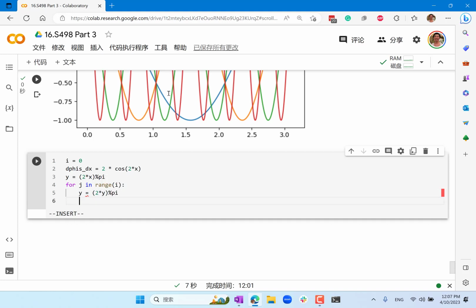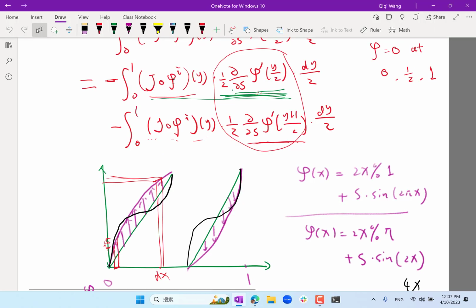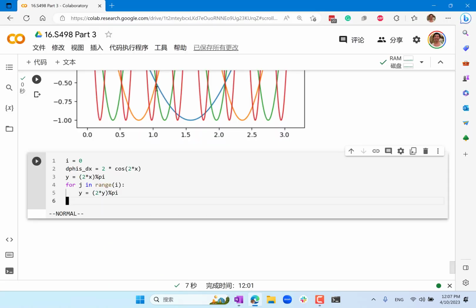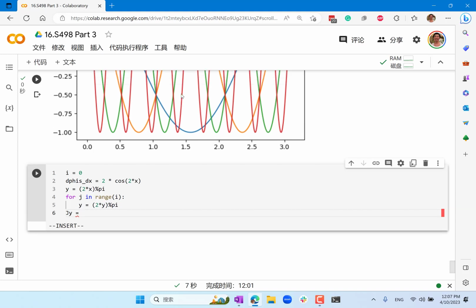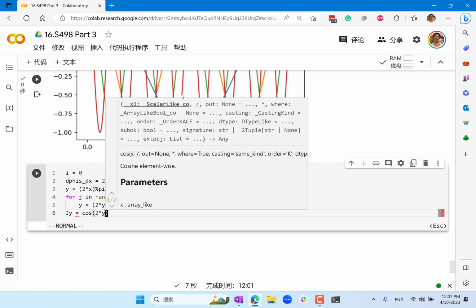So that's basically applying the map I times and evaluating the J, right? Our objective function, I think, is a cosine of 2y. So Jy is equal to cosine of 2y.